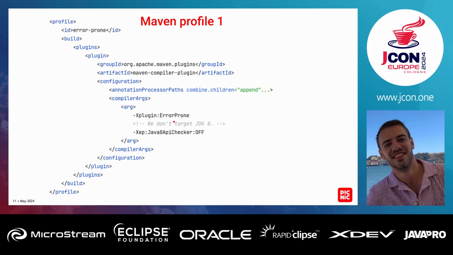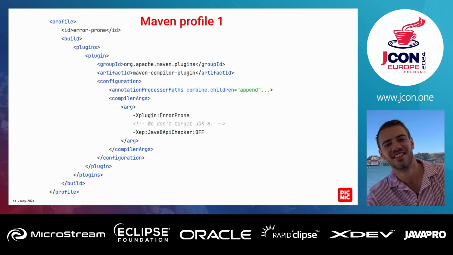And then we can configure Error Prone just how we want it. This is a simple example where we say, hey, the Java 8 API checker, we would like to disable that. Here we can also say that, for example, errors should be warnings or the other way around. And we can have a big list of checks that we want to configure.